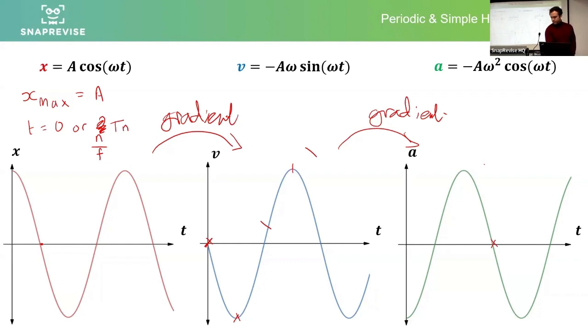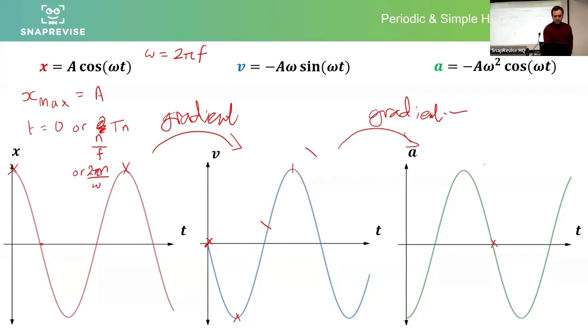But I also know that omega is 2 pi f. So I could also write that as t equals 0 or some integer times 2 pi over the angular frequency, 2 pi n over omega. That's when you'll have maximum displacement. And it will repeat forever and ever.